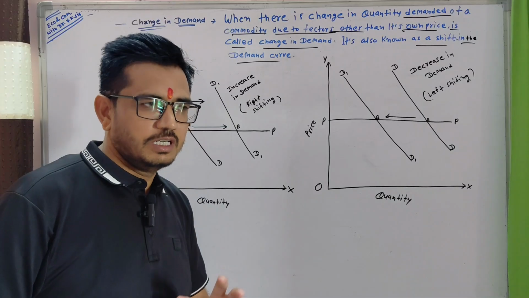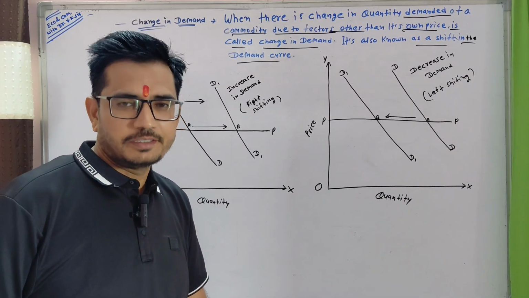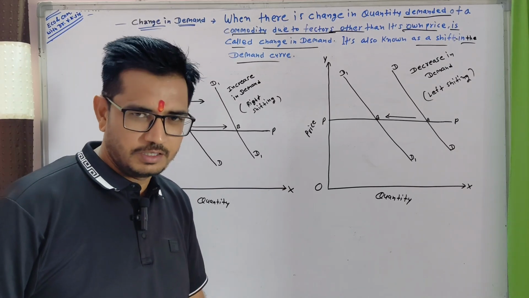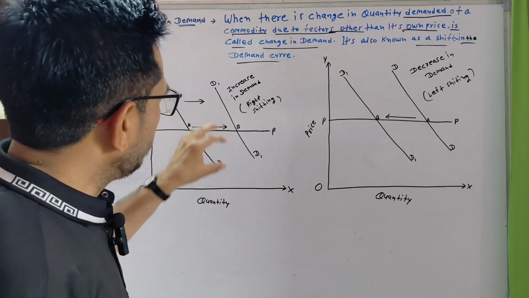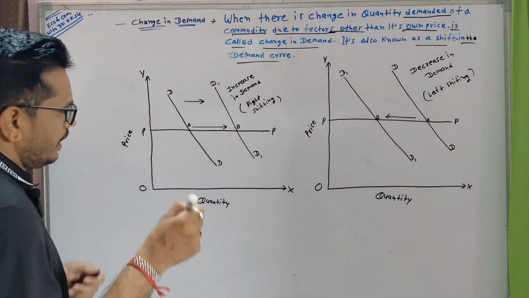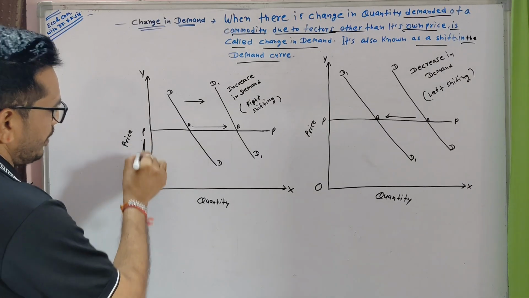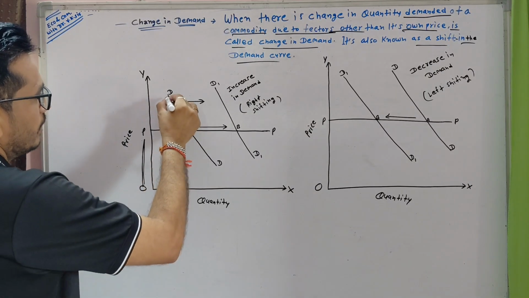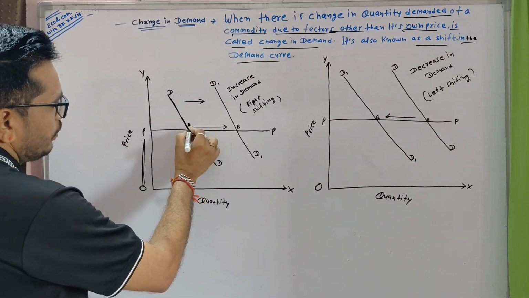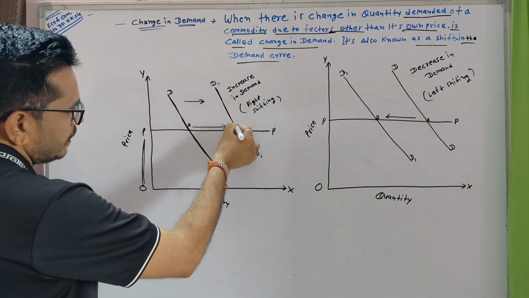So the changes go in two directions: one is increasing and the second is decreasing. First of all, we are going to look at increase in demand. Let's see, the price is the same, OP, no change in price, but the demand curve DD shifts to D1 D1.